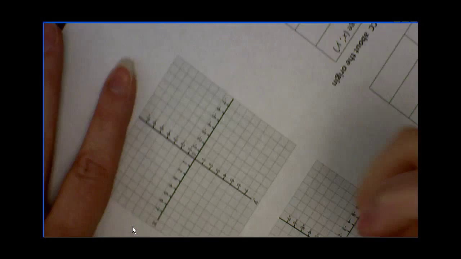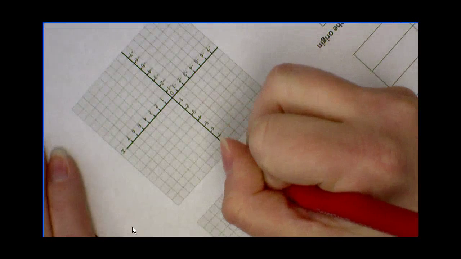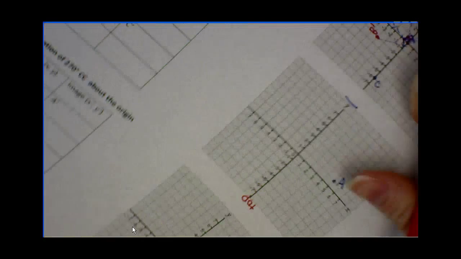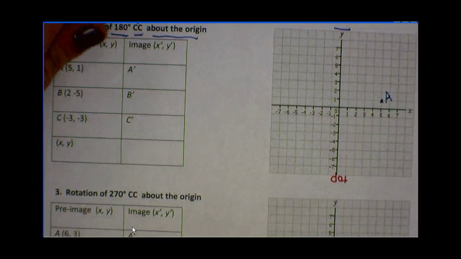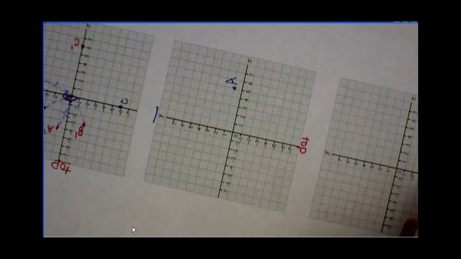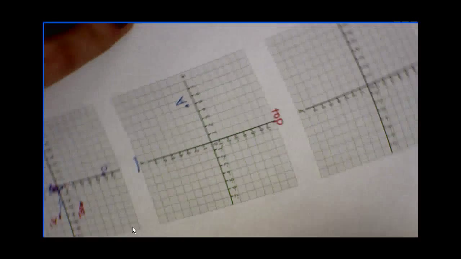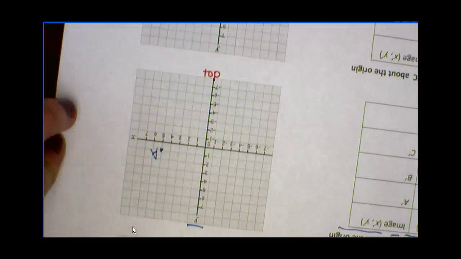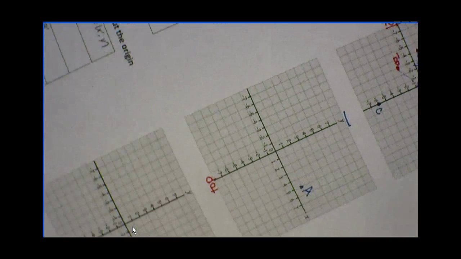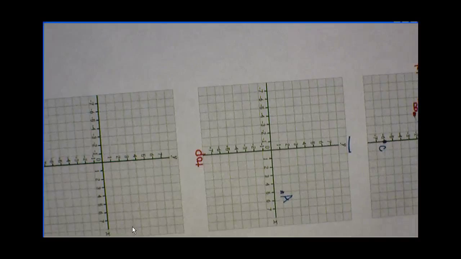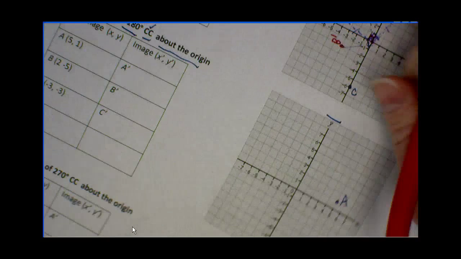So this right here is now going to be the top of my paper when I start looking at my image. And guys, kind of imagine she rotated it. If you rotate it, there's 90 degrees, okay? This is 180 degrees, another 90. So that's why that ends up being the top of your paper. In either direction, really. If you're asked to do 180 degrees, it's just two 90s. Perfect.